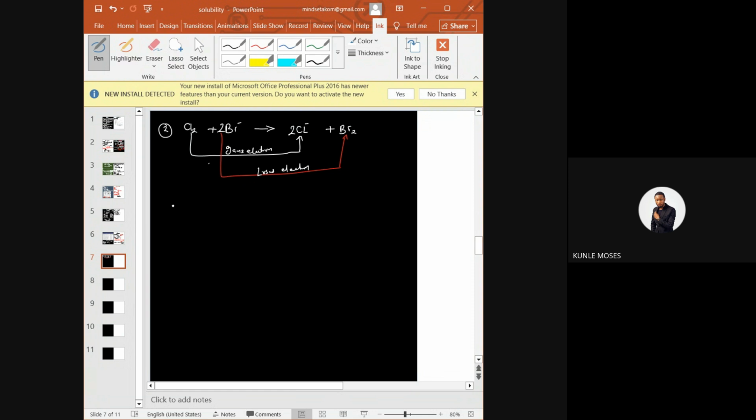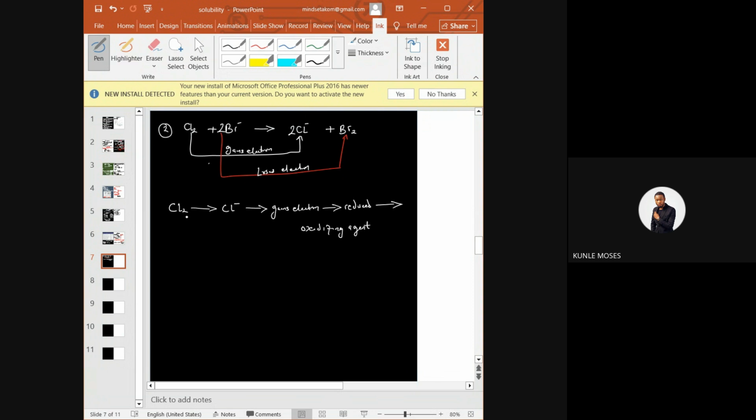So it simply means from Cl2 to Cl minus, there is gain of electron. So if it gains electron, it is a reduced species. That is the one undergoing reduction. And if it's the one undergoing reduction, therefore, it is the oxidizing agent. Isn't it?